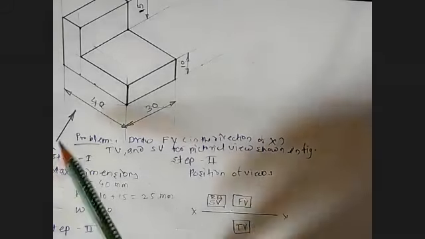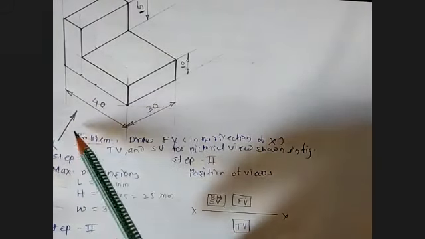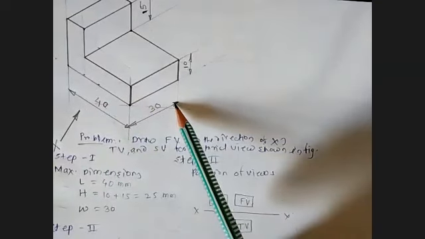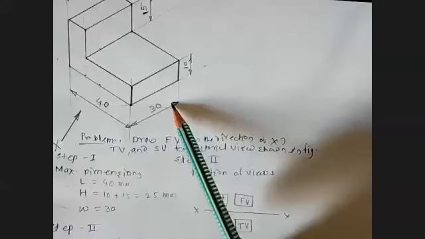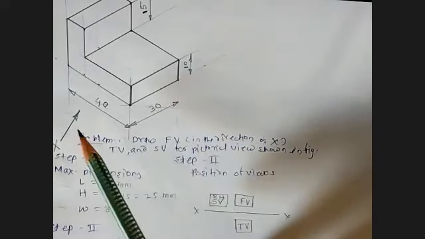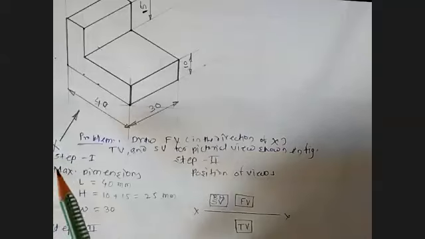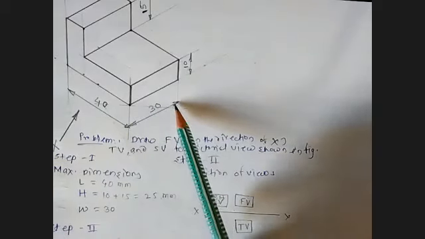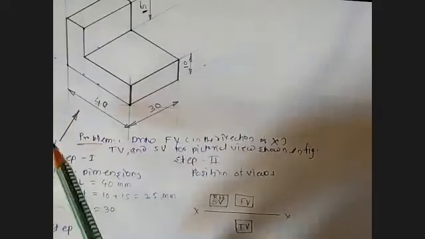We discussed a lot last time that if this is the front view direction, then obviously from this side only you can look at the object to get your side view. We also discussed the quadrant system and the position of the vertical plane, horizontal plane, and profile plane. The front view direction is fixed, it is decided.